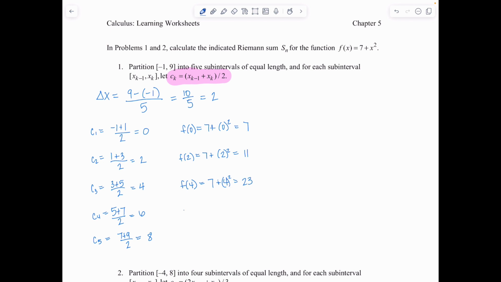At 6, we have f of 6, 7 plus 6 squared equals 43. And at 5, oh no, not 5, I'm looking in the wrong place. At 8, f of 8 is 7 plus 8 squared, so 71.